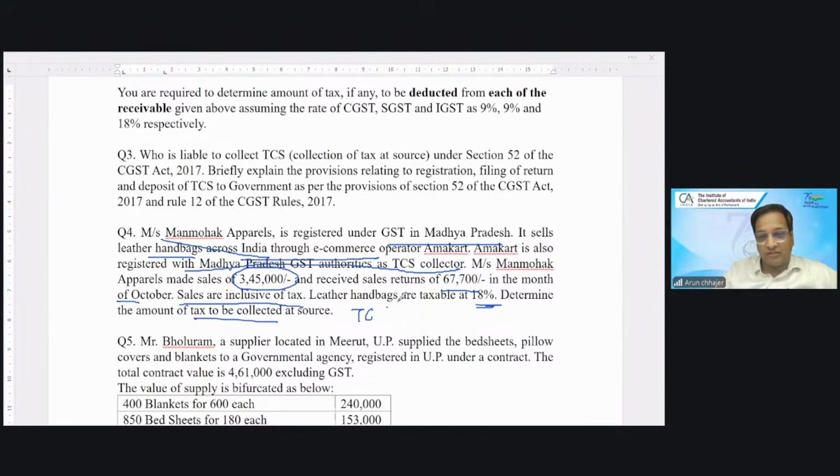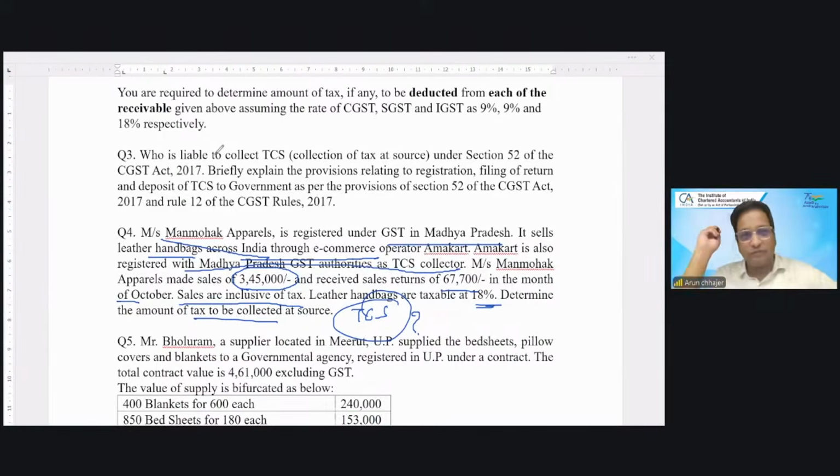Very nice question. Calculate the amount of the TCS. Quickly tell me, you have only 1 minute. Oh, you have calculated. Great. You have calculated so fast.